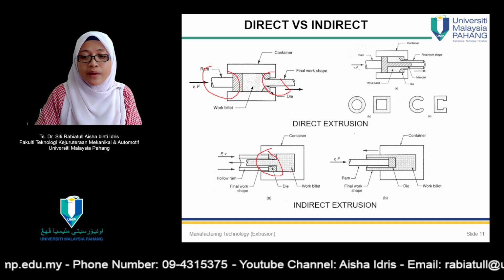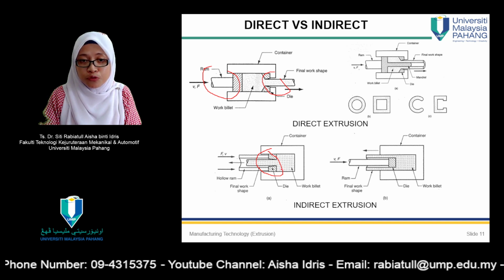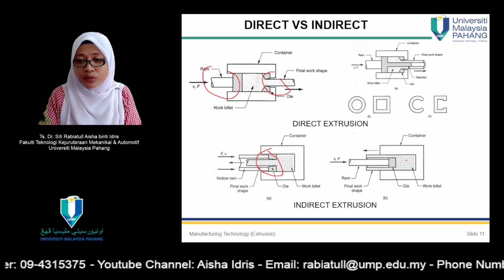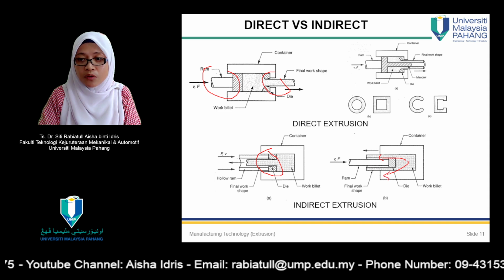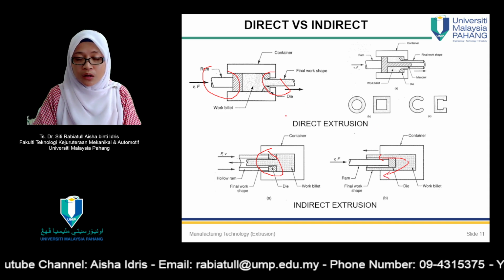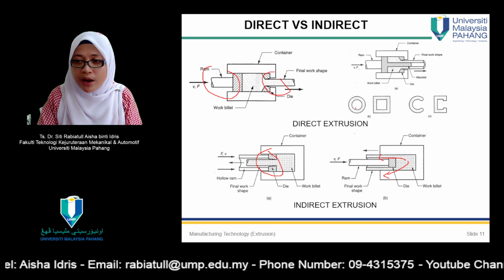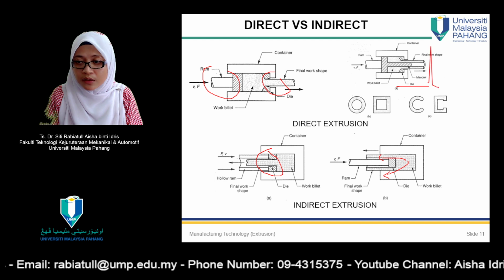So once the billet is being pushed forward, then it will reverse to the other way around. So this billet will move that way. In an indirect extrusion, the billet will move in linear.